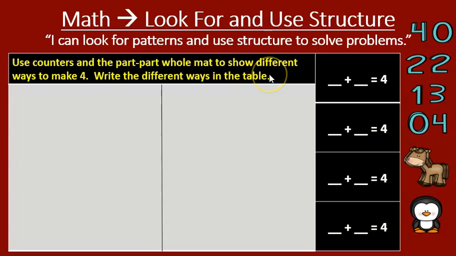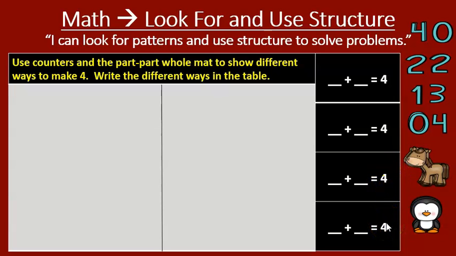Now here's what we're going to do now, boys and girls, okay? Look at the cursor. This entire box, okay? You see a black line right here that's in the middle? This is what you call a part whole mat, okay? And here, just like yesterday, we have to come up with numbers that all equal 4, okay?